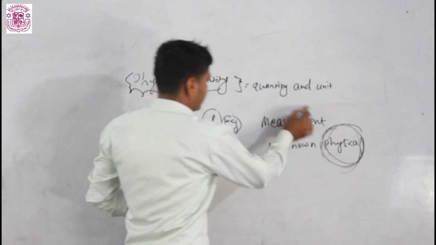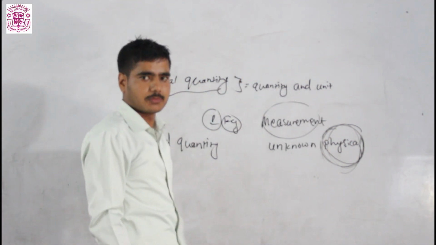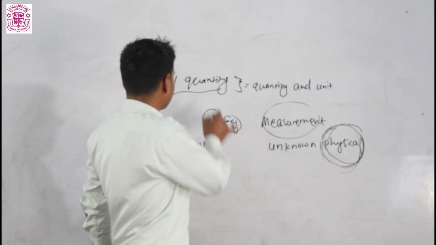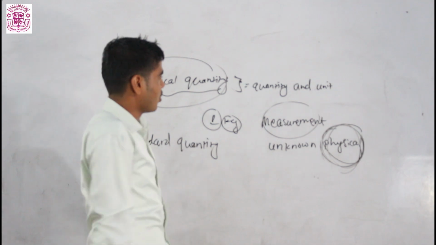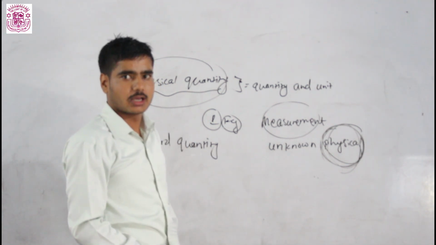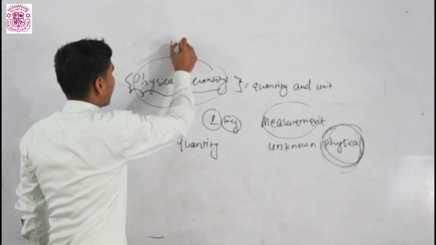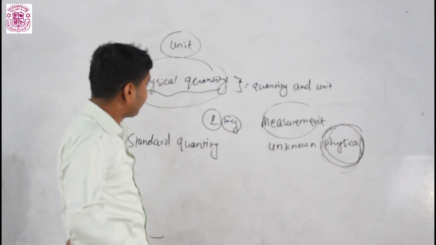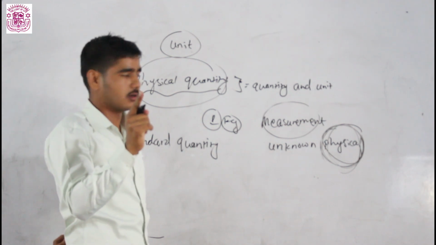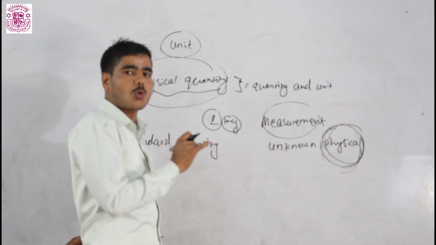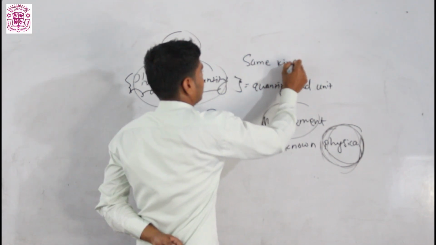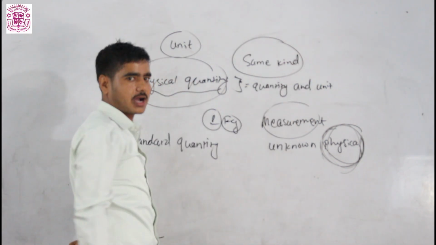So after defining the term measurement, we should enter the topic of unit. Physical quantity we have already defined. What is a unit? A unit is the reference standard with which physical quantities of the same kind are compared. Why am I using the words same kind?